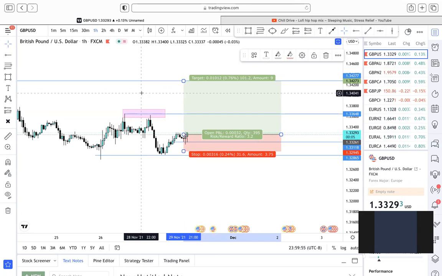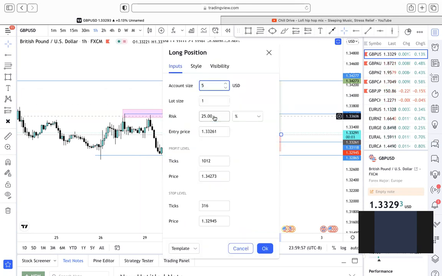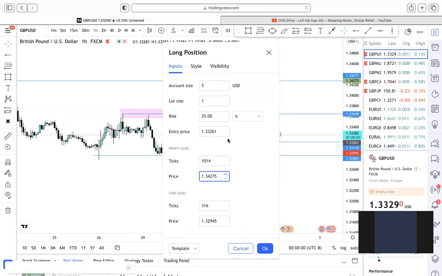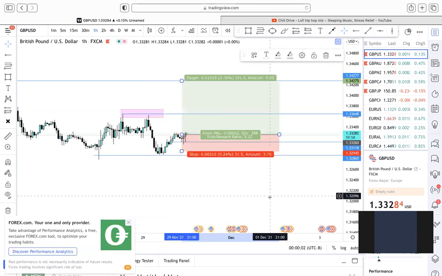It's going to be at 1.34275, which is 101 pips.